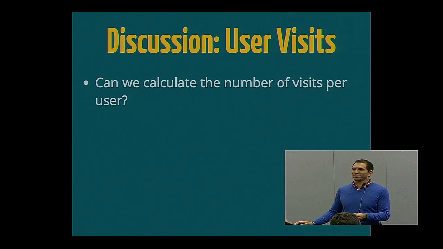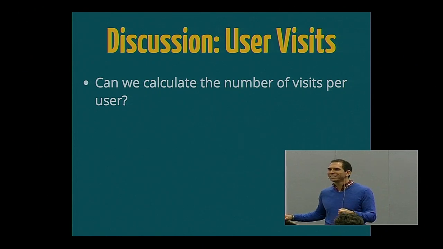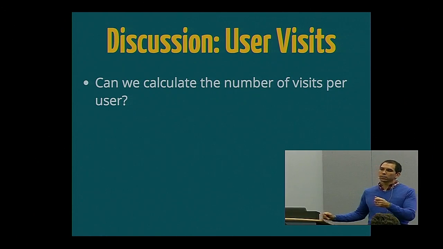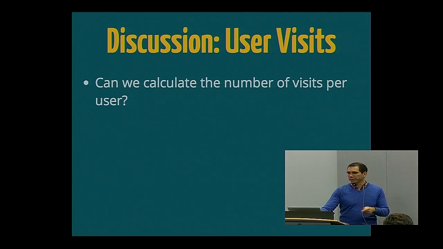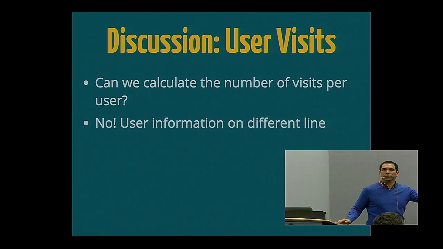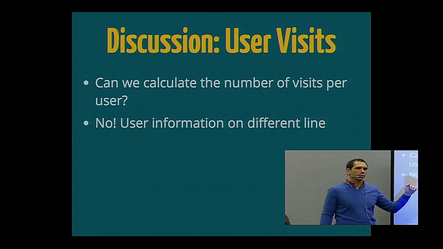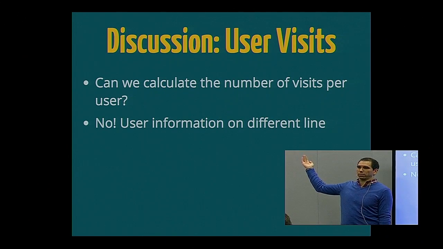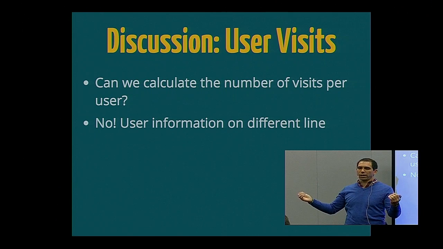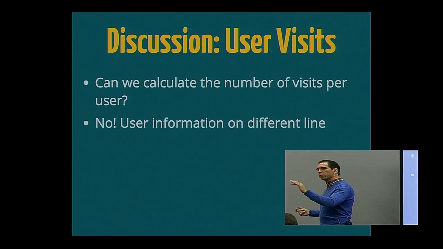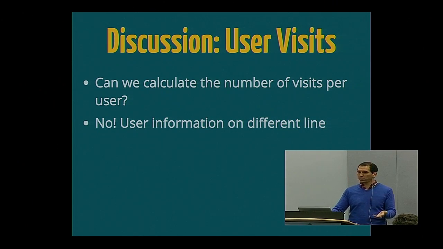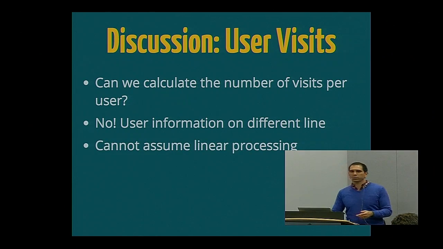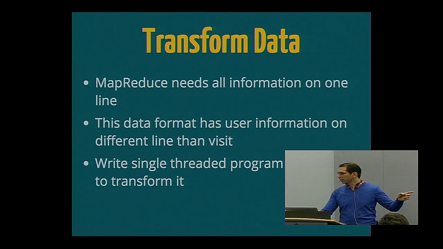Anyone want to guess? 50-50 shot here. Good question. So the answer is no, exactly. It's because this information is on a different line, like we talked about. We don't know what customer ID we saw before the current line we're looking at. Maybe if we split the file differently or rejigged the file somehow, we could. But we can't assume linear processing here.